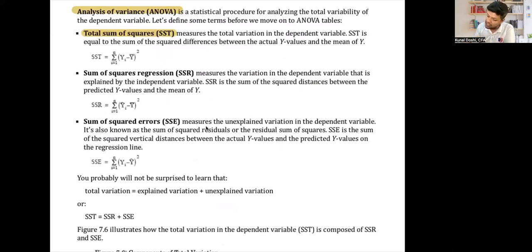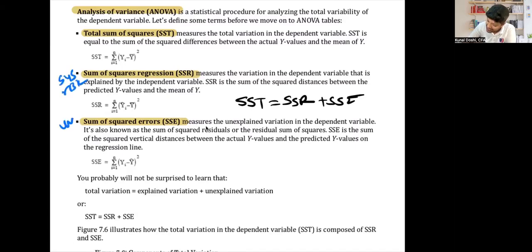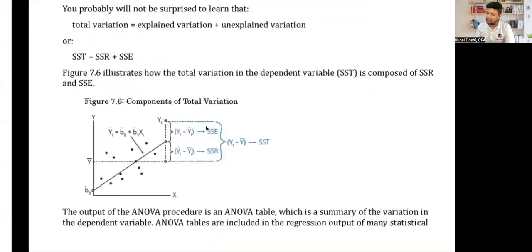Remember, it is a combination of systematic and unsystematic risk. So can I say SST is nothing but SSR, sum of square regression, plus SSE, sum of square error. For your reference, this is your total risk, this is your systematic risk, and this is your unsystematic risk. Guys, this unsystematic risk is called error.